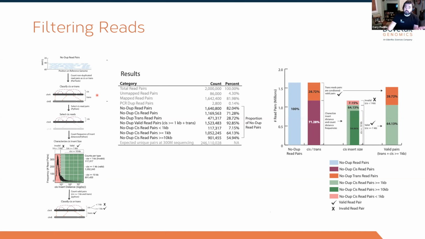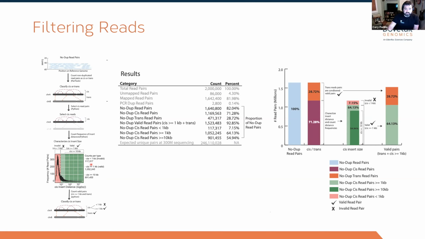In order to do that, like I was mentioning earlier, it's all about understanding what that insert size is. And so what pairtools essentially does is it generates a histogram where it counts the number of reads at different insert sizes, right? And then puts a cutoff where you tell it to put a cutoff. Here we have 1 KB. And we just say, how many reads occur that are less than 1 KB here?